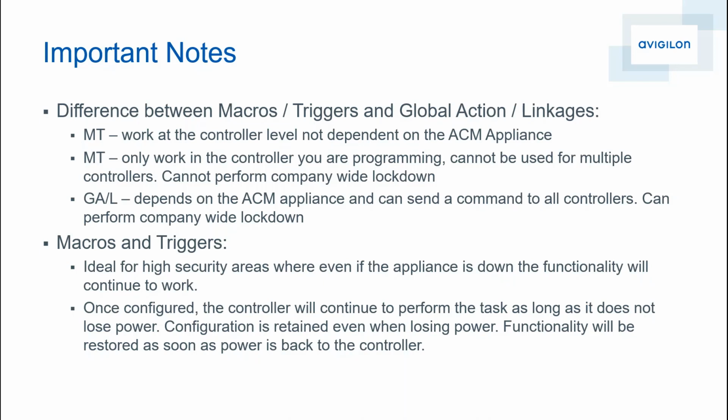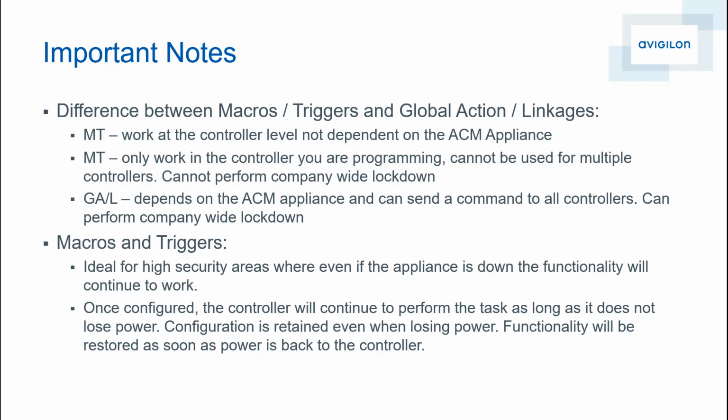The advantage of global actions and linkages, as the name implies, is that they are global. You can perform, for example, a company-wide lockdown. You have the ability to create a configuration that says when this situation happens, go ahead and execute this action in all my controllers. So again, dependent on the appliance. In this situation, global actions do need the appliance to be up and running.